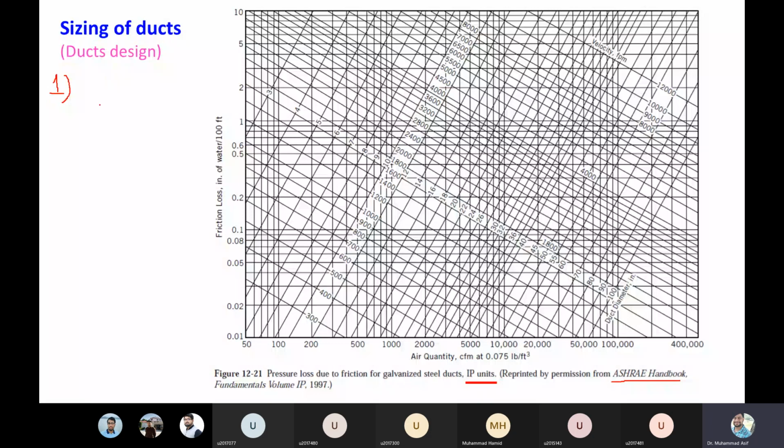How much airflow rate is required in that zone? That airflow rate is obtained from the cooling and heating load calculation.